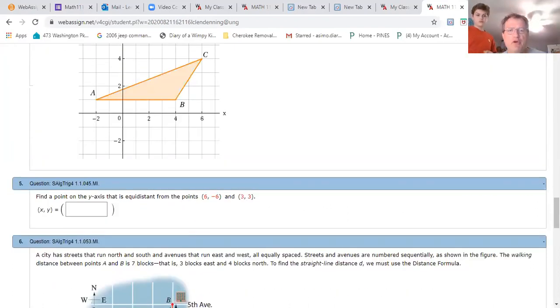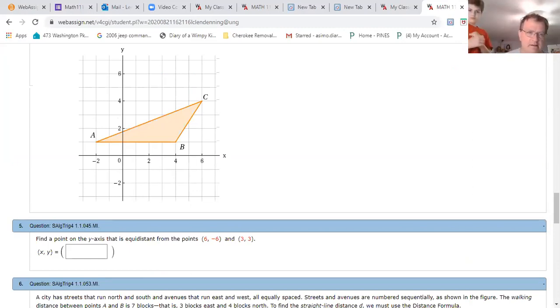It's got a lot of algebra in it, and it's an application of the distance formula, but we should be able to get it in. Okay, let me write the problem down while I'm here, and then we're going to have to switch back to the iPhone so you can actually see what I'm doing.